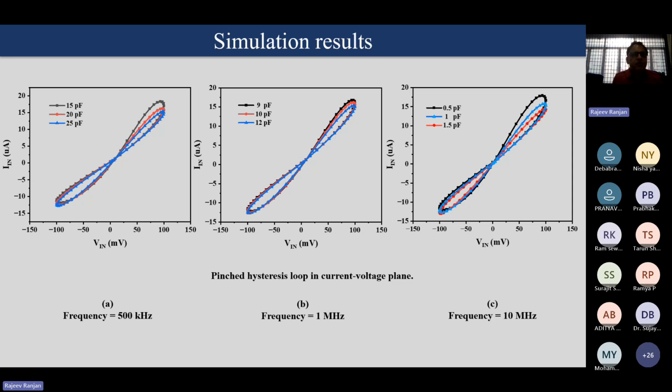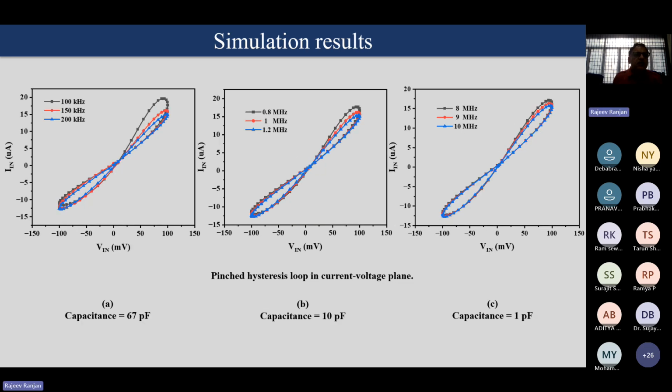This is the pinched hysteresis loop in the current-voltage plane for different capacitor values at different frequencies: 500 kilohertz, 1 megahertz, and 1000 megahertz. This is another one, with 10 picofarads and 1 picofarad.